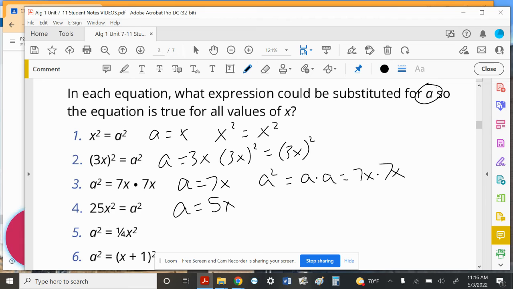When we're squaring this, as long as we're doing multiplication or division, and only in that case, we do 5 squared x squared, which is 25x squared. So that's where we get the 25x squared.